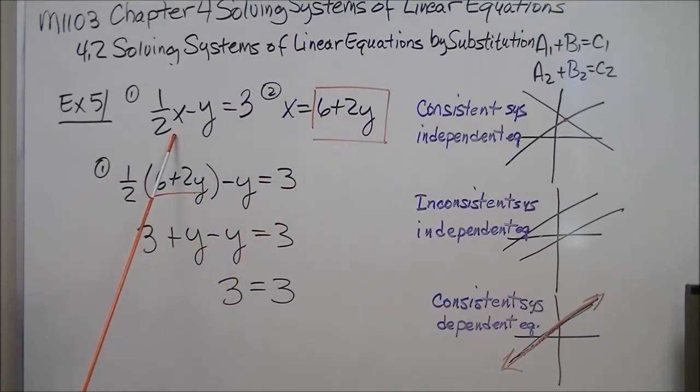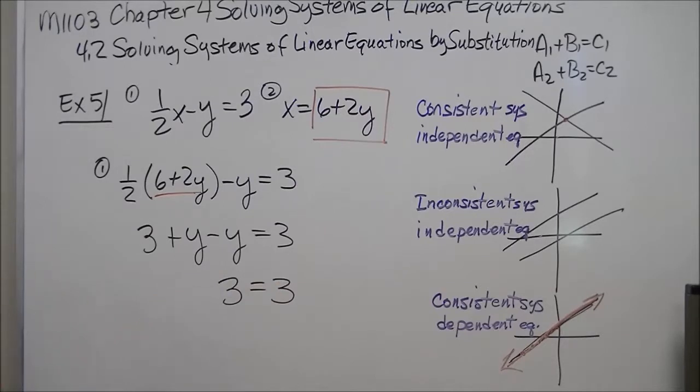So I go into my other equation, and where x is, I put this. Then 1/2 of 6 is 3. 1/2 of 2y is y. And my y is still there. And lo and behold, look what happens. My y's cancel out, and I end up with 3 equals 3.